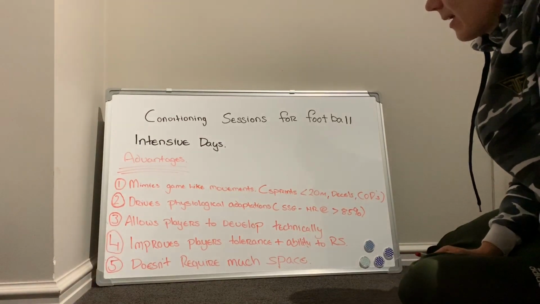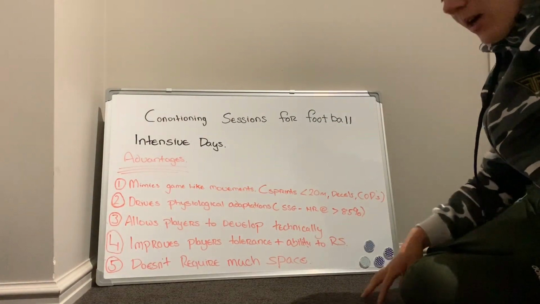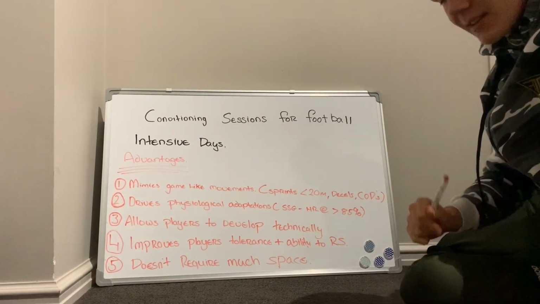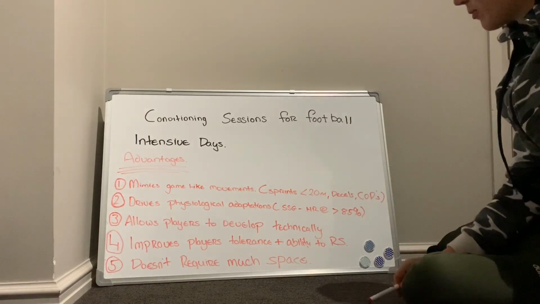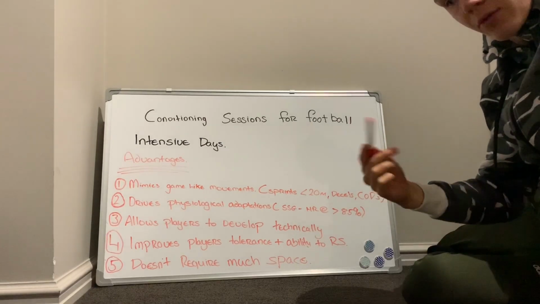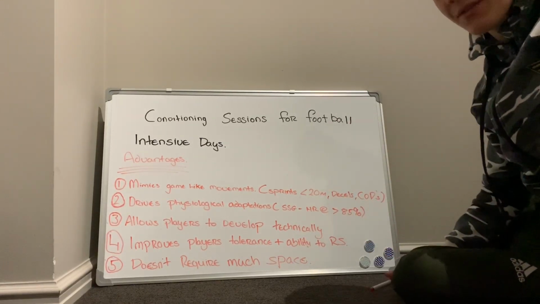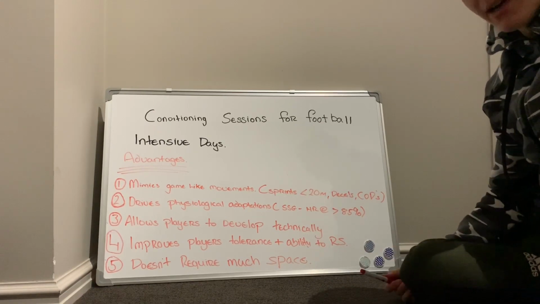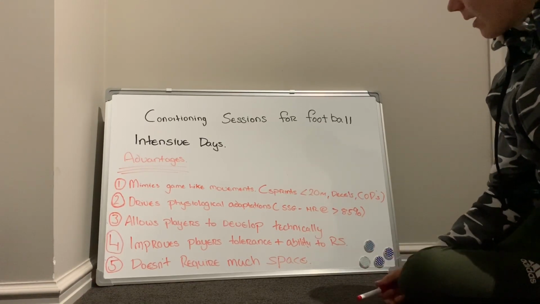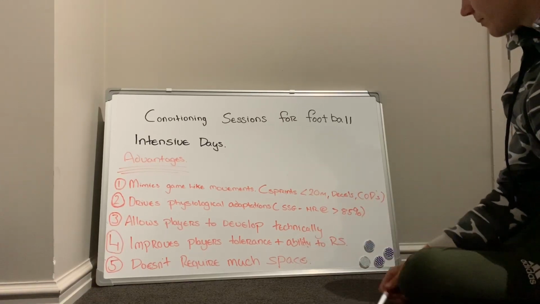So they mimic game-like movements. In small-sided games and things that are classed as intensive, you have a lot of sprints under 20 meters, which, if you look at the data around football games, most sprints are actually under. There are plenty of decelerations, which trains that eccentric component and builds up the strength in the tendons, joints and ligaments.